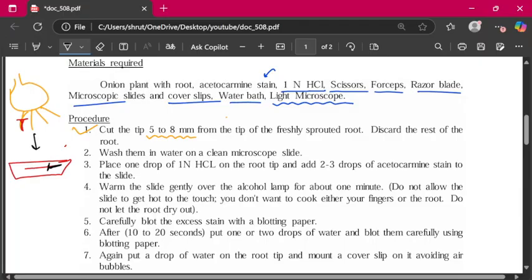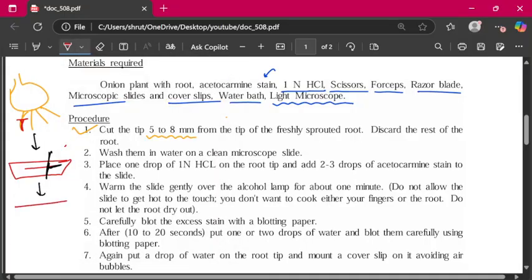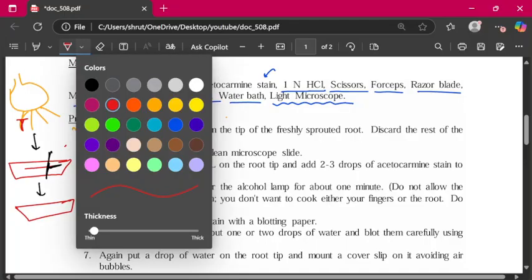You are cutting it with a sharp blade. Later let's draw the slide first. So here you have discarded this part and you have taken only the root part.